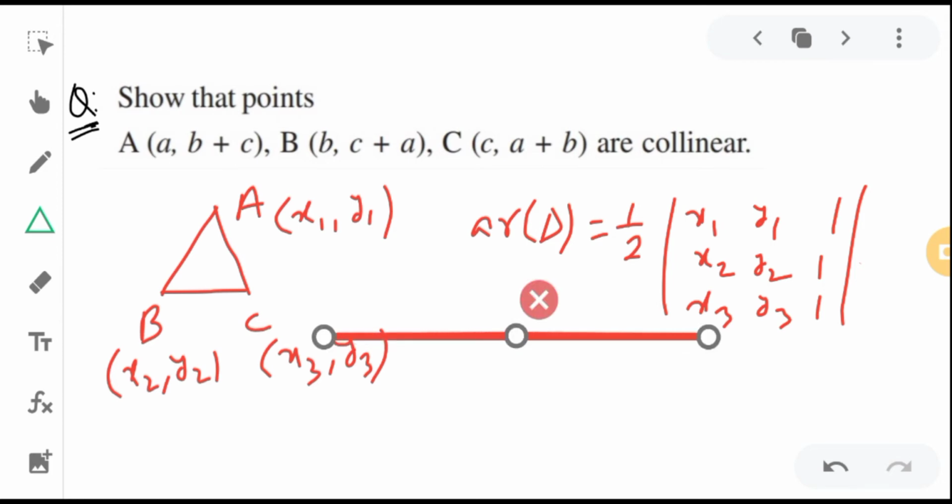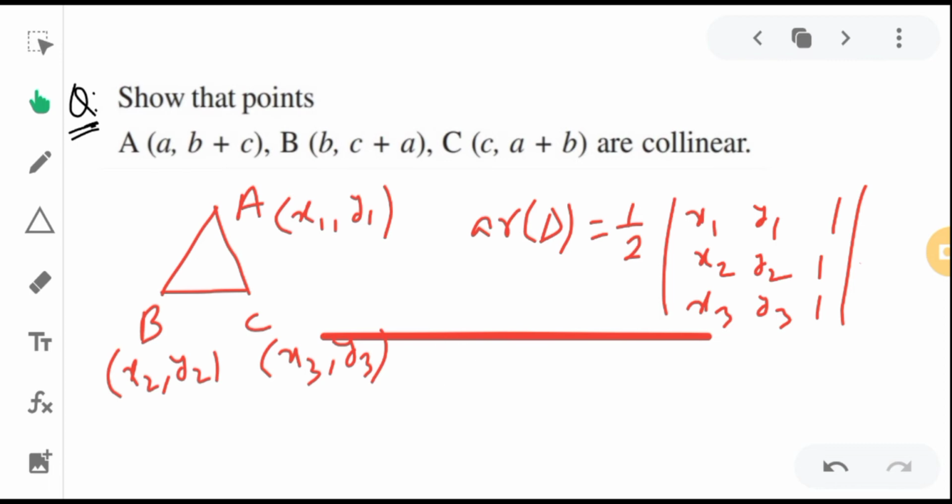If these three points A, B and C are collinear, then the area of the triangle will be 0, because no area is getting formed. If there is no triangle, no area, then the area of the triangle will be 0. So we'll use this formula.